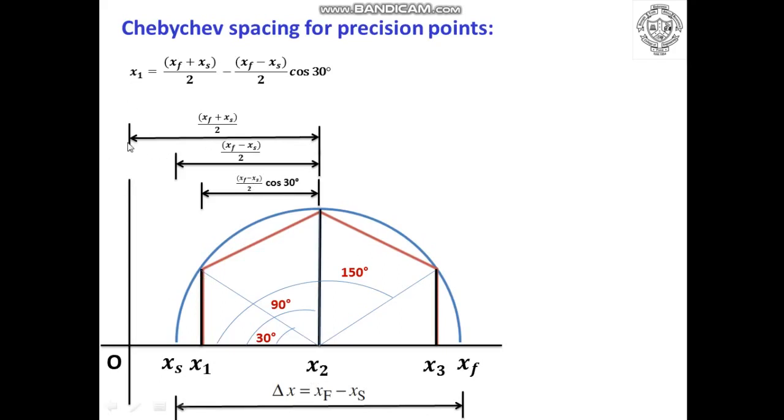So if you subtract this particular distance from this particular distance, obviously you will get the value of x1. So the formula for x1 can be written as xf plus xs divided by 2 minus xf minus xs divided by 2 into cos 30. Similarly, we will write the formula for x2.